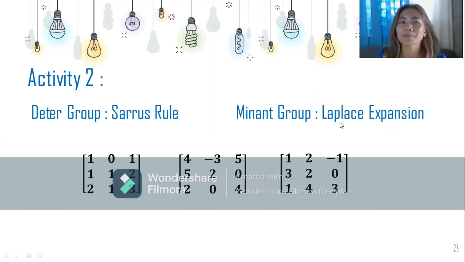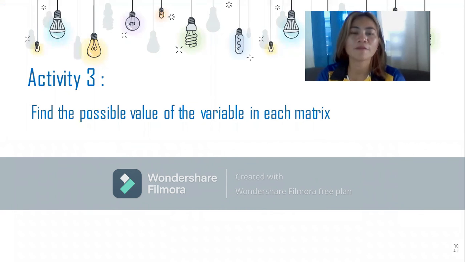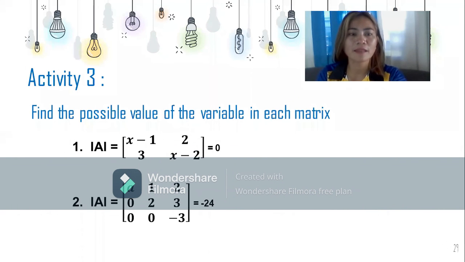Okay. Let's proceed to activity number 3. Find the possible value of the variable in each matrix. Number 1, the determinant of A, the matrix with rows x minus 1, 3 and 2, x minus 2, is equal to 0. And number 2, the determinant of the matrix A, with rows 0, 0, 1, 2, 0, 2, 3, negative 3, is equal to negative 24.